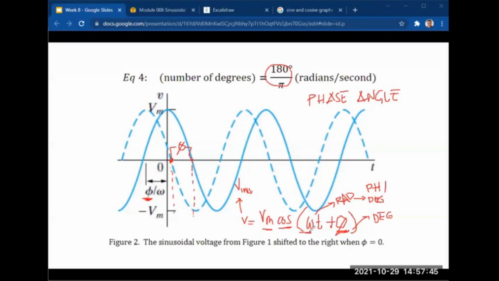Omega is 2 pi f, the frequency times the 2 pi, the revolution of our sinusoidal voltage or current. t is time and phi is the phase angle. These are the parts of our sinusoidal voltage formula. I hope that was clear.